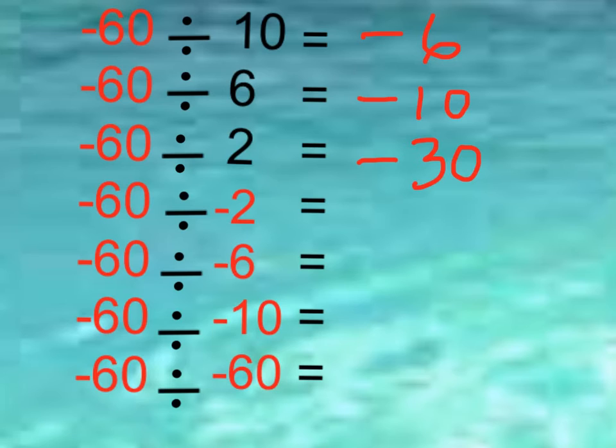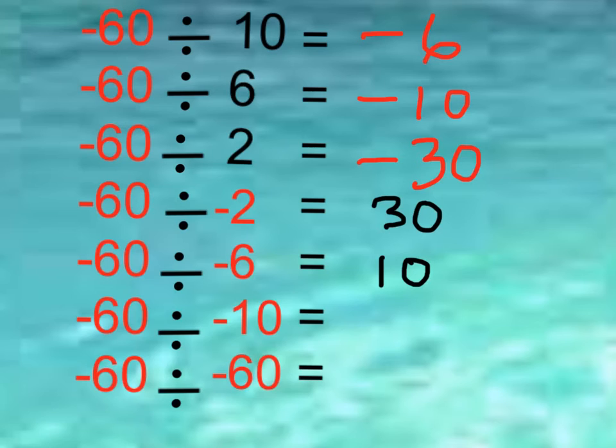So the first one, it has to be a positive 30. 30 times negative 2 equals negative 60. The second one has to be a positive 10. 10 times negative 6 equals negative 60.